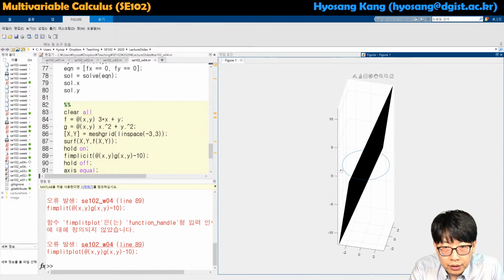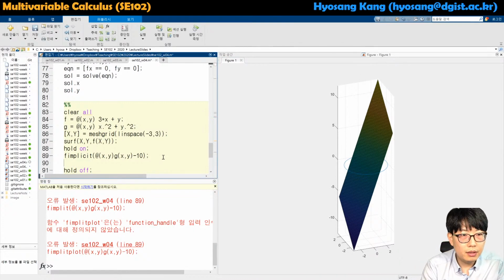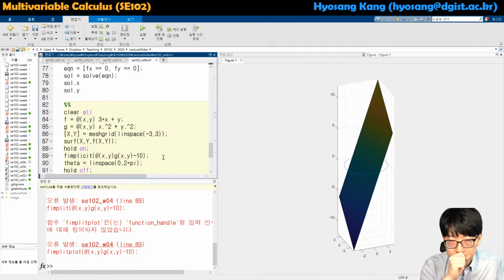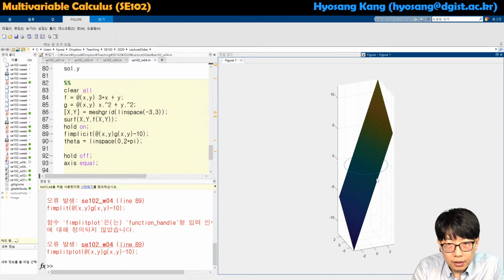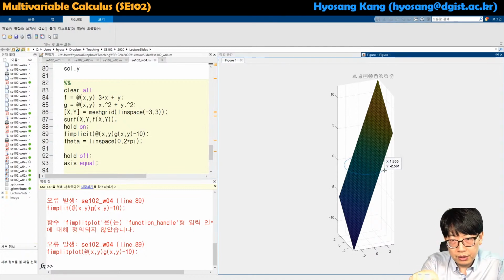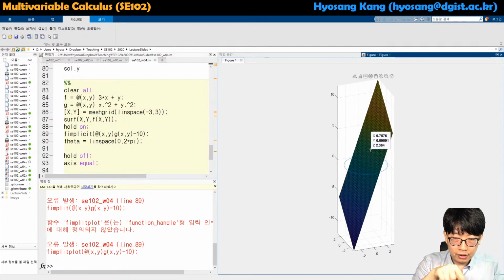I know that this is actually a circle, so I can reparameterize this circle with theta, where theta is a linspace from 0 to 2 pi. Let's draw the graph of the function restricted on these constraints. The actual domain of the function is the entire R2 plane, so it's a surface, but I'm going to graph the function whose domain is restricted on the level set of g.